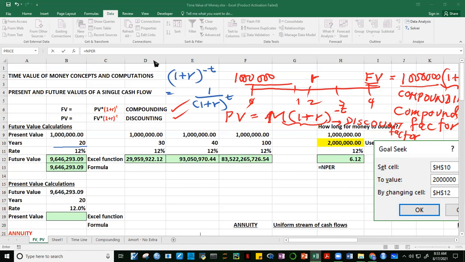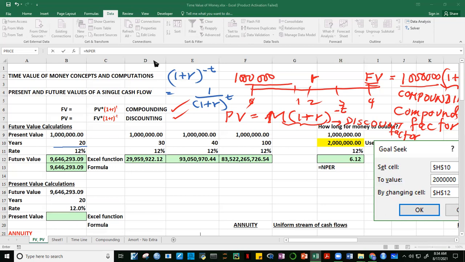Use the NPER function of Excel. How about the rest, guys?